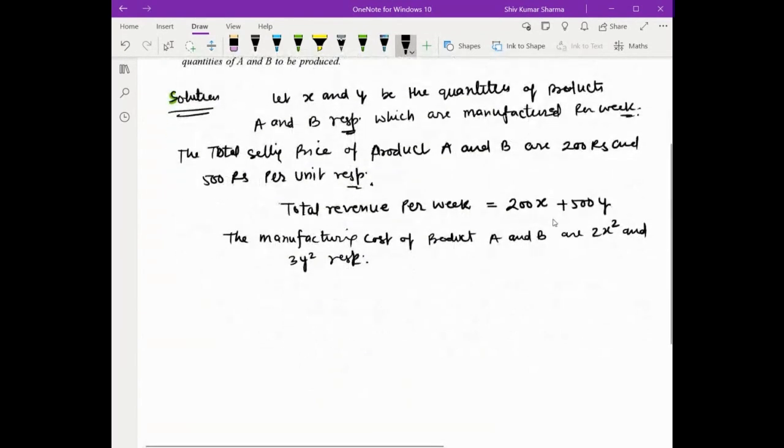How do we write the profit? That means we make the objective function. When we subtract the manufacturing cost from the revenue, it gives the profit. So we can write the profit per week, which is equal to the revenue generated per week minus the manufacturing cost.